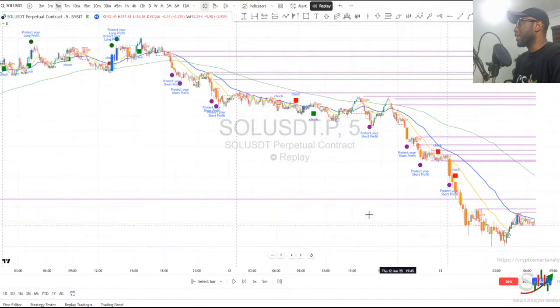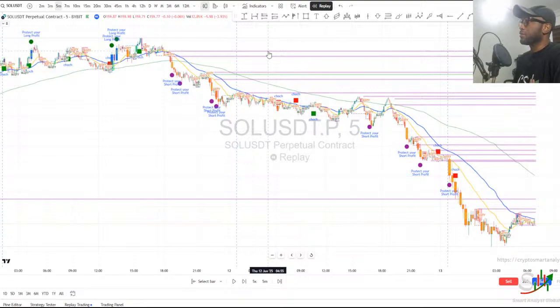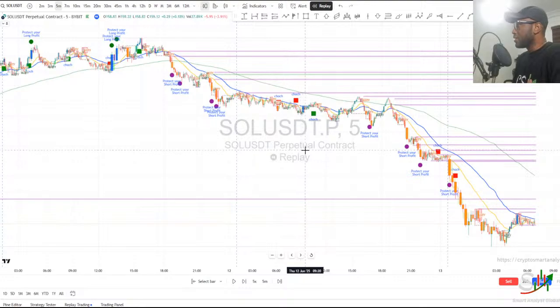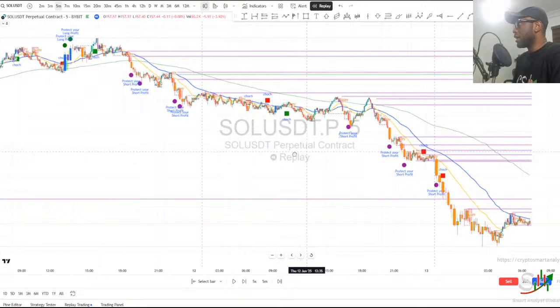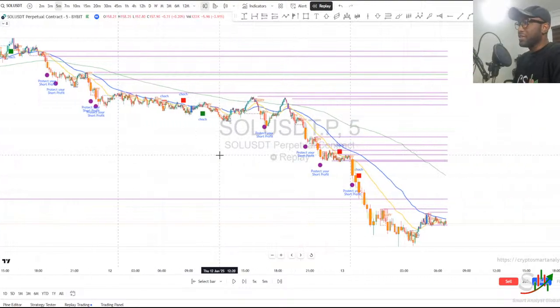What the red line means is what we call the sell side liquidity. These are points where institutional investors look out for. They always look out for liquidity, which is very, very important in trading. And what are liquidity zones?